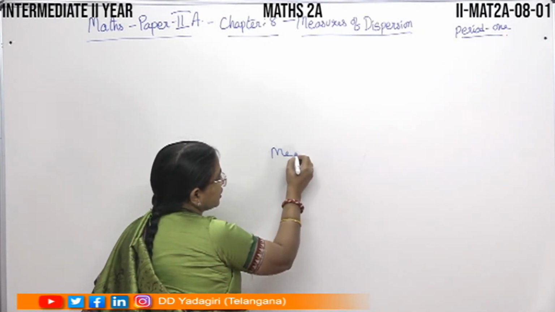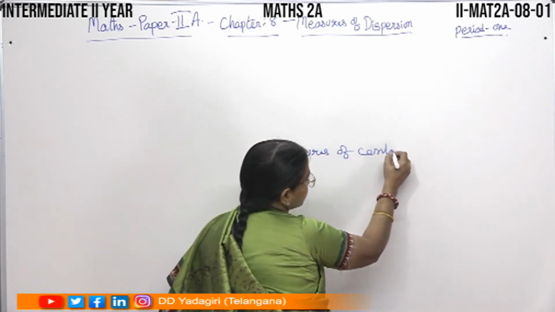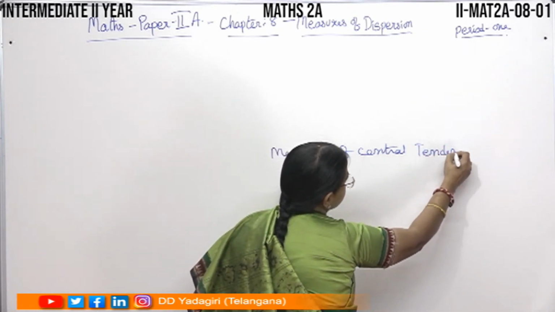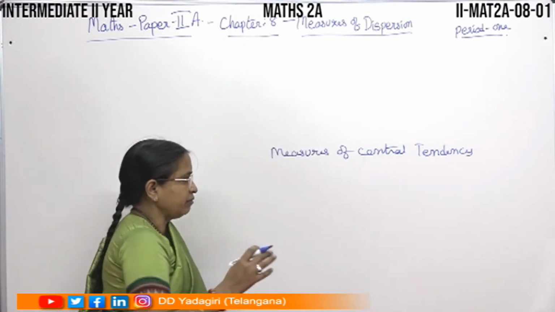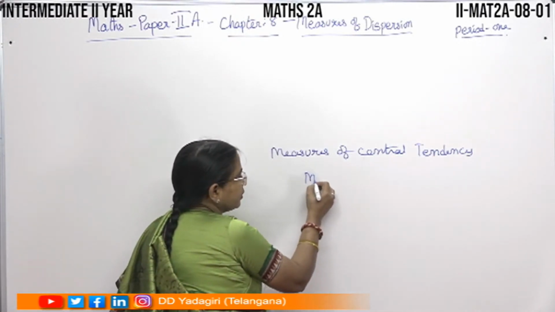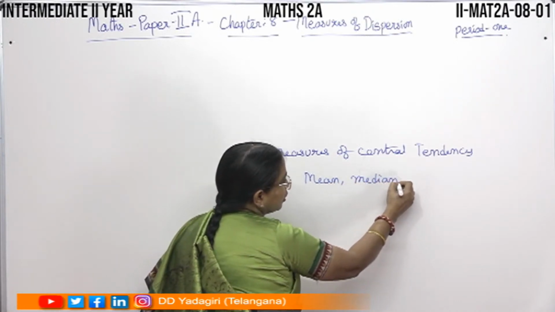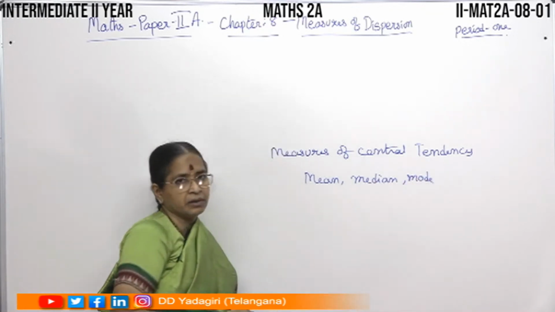measures of central tendency. You have learned the measures of central tendency. What do you mean by measures of central tendency? You will find the average, like you have learned mean, median, mode, geometric mean. Many more are there, but I think you have learned only these three.